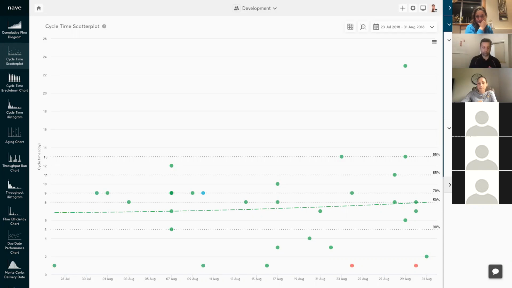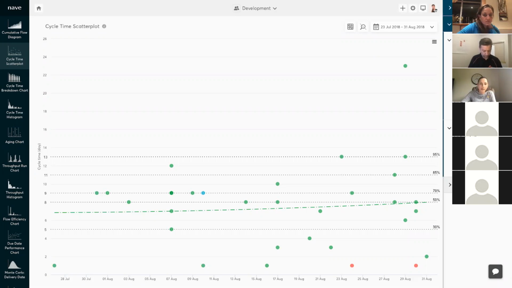For example, the 50th percentile on our scatter plot points to 8 days. This means that half of the tasks so far have been completed in less than 8 days. We can now say that any future task we take on has a 50% chance of being finished in less than 8 days. Of course, the percentile you use to define SLAs largely depends on your context.